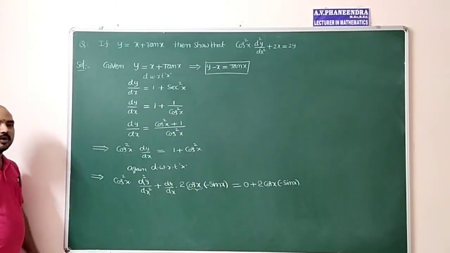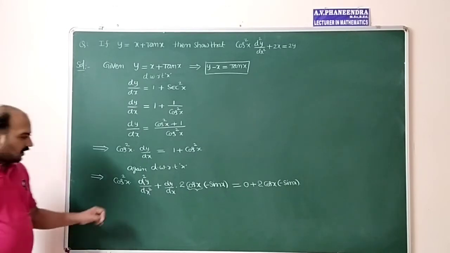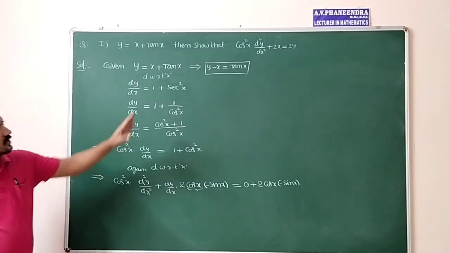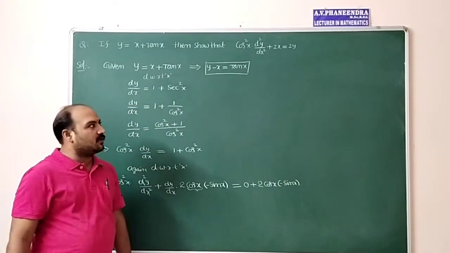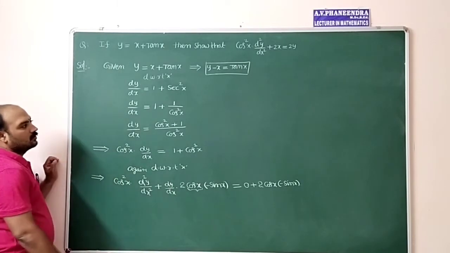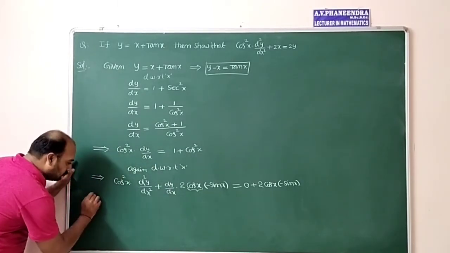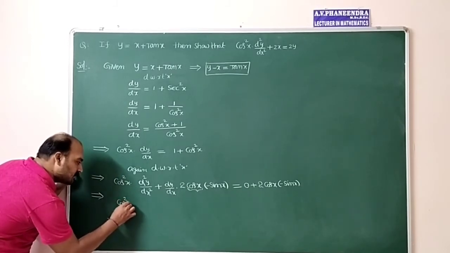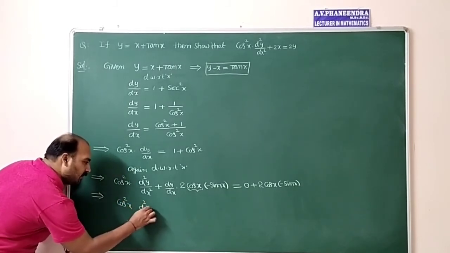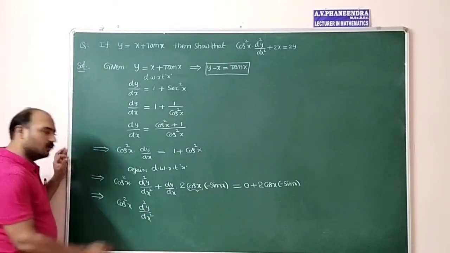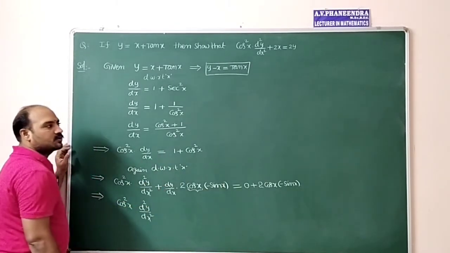So now what we are going to do is, they are asking to prove that cos² x into d²y/dx² is equal to, they are asking. So now that implies cos² x into d²y/dx². We can take outside the values.